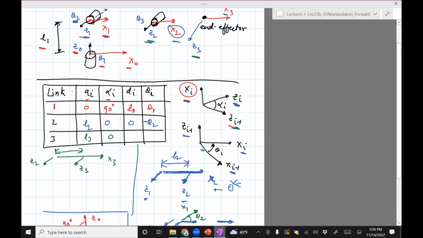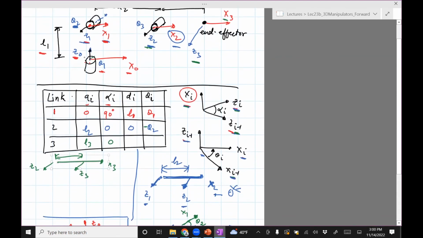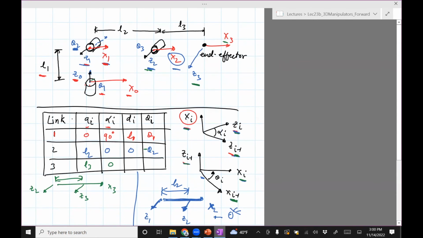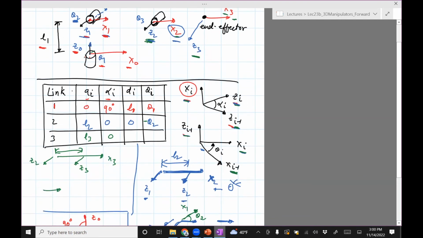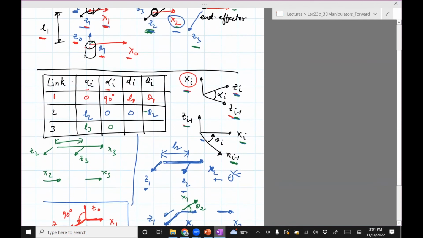We're done with that. Next, we need to put i equals 3 here. So the angle between X2 and X3 about Z2. No, Z2, sorry.